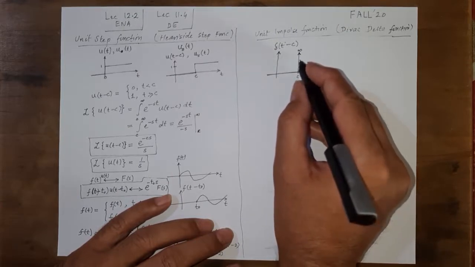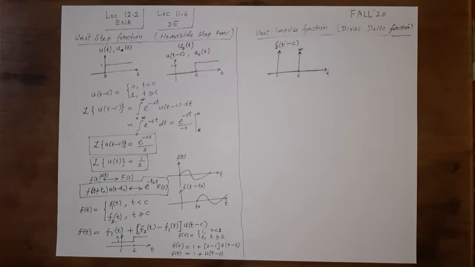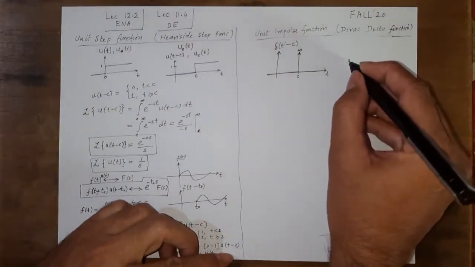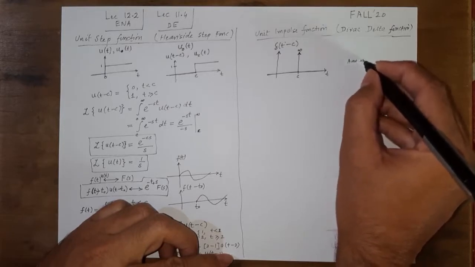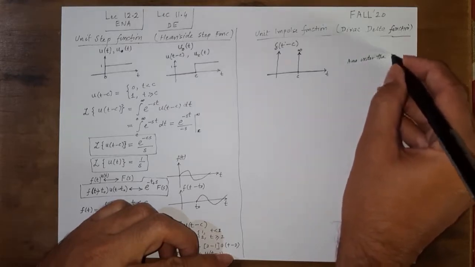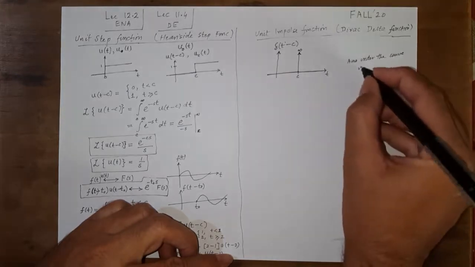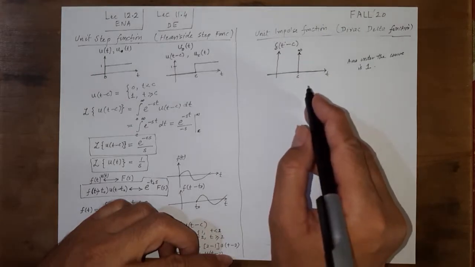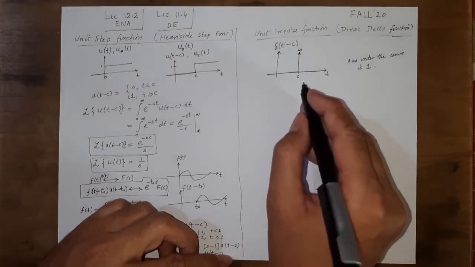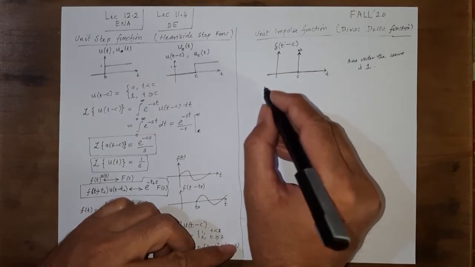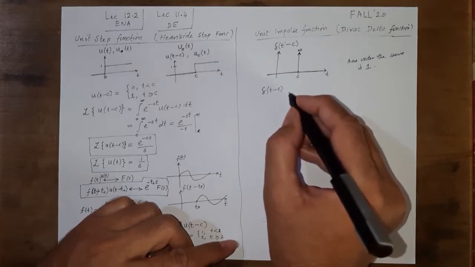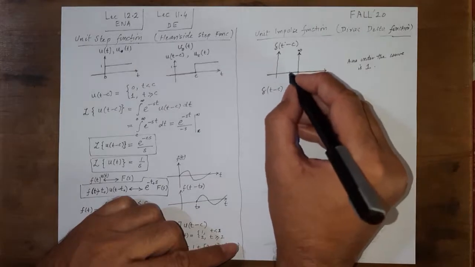But if I tell you that the area under the curve of this function is taken to be 1, it will be very difficult for you to comprehend it. So how it is defined is by a limiting function, or by using limits on a function that we can easily understand.